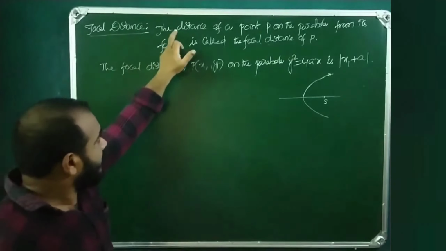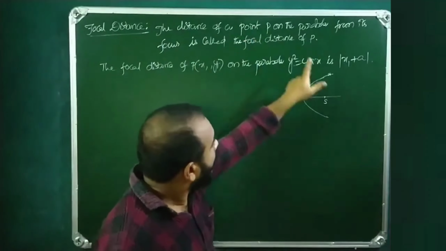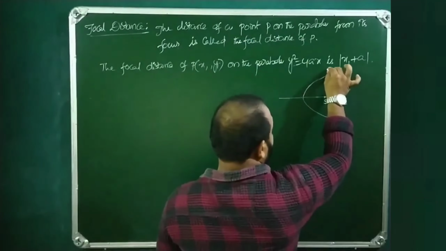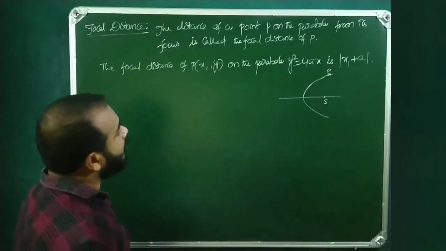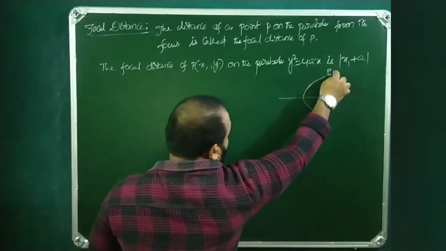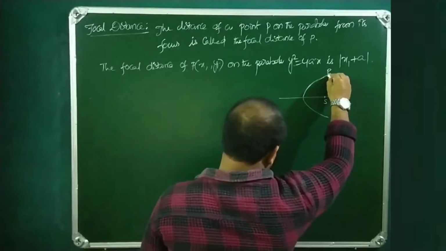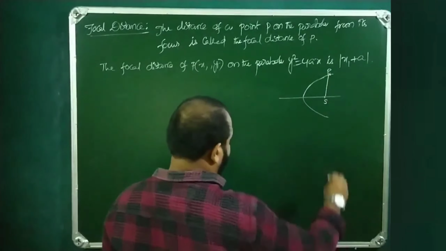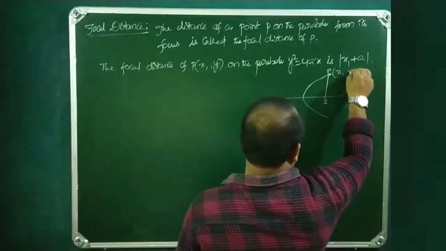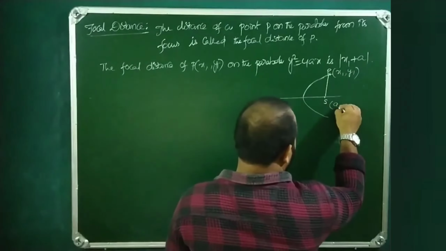Focal distance: the distance of a point P on the parabola from its focus. Let us take this point P on the parabola. Let P be (x1, y1) and S be (a, 0).